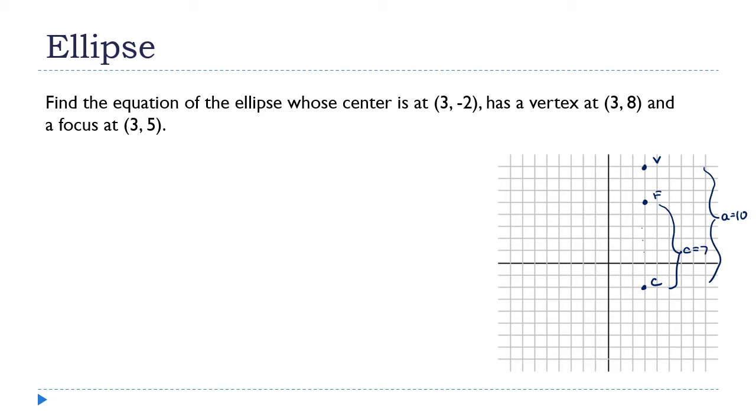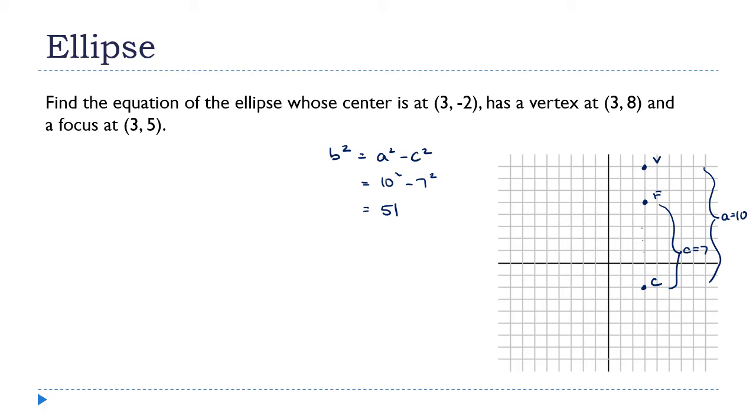Okay, so from that I can get B. B squared equals A squared minus C squared. That's 10 squared minus 7 squared. 100 minus 49. That's 51. Okay, so what's my equation look like?